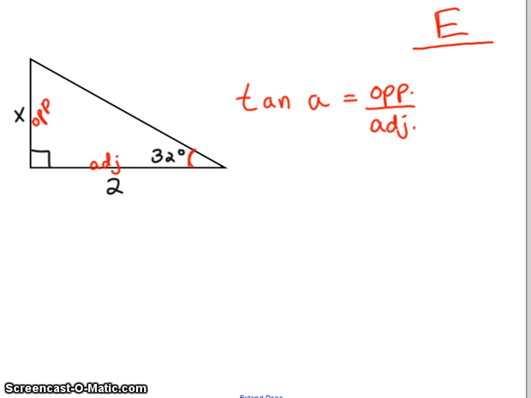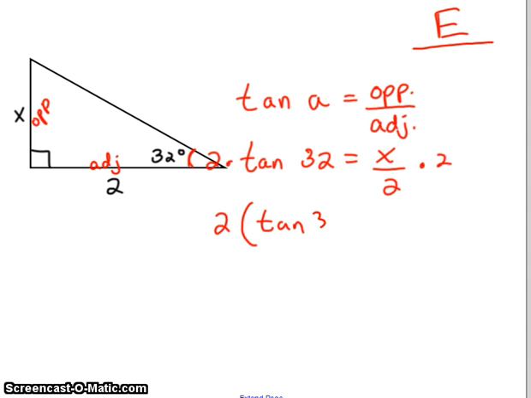Opposite over adjacent. All right, so tan 32 equals x over 2. Solve for x. Times 2 times 2. So we get 2 times tangent 32 equals x.